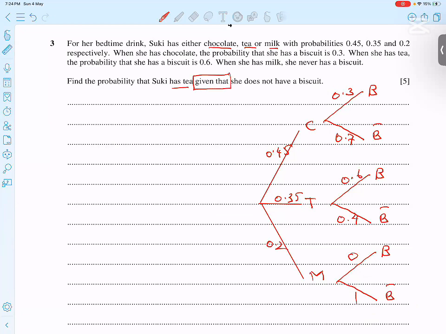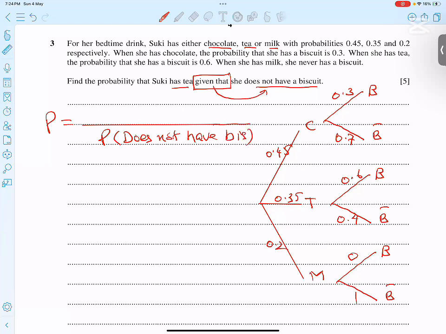Find the probability that she has tea, given that she does not have a biscuit. Whatever comes after "given that" goes directly in the denominator. So I can write the formula now. The probability of tea and no biscuit: she has a tea and no biscuit.